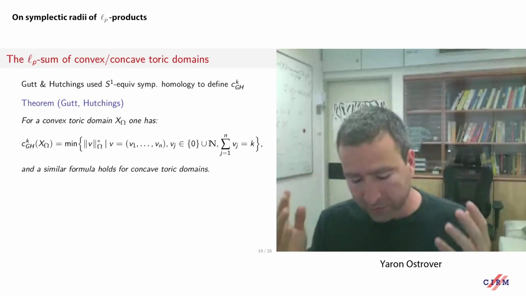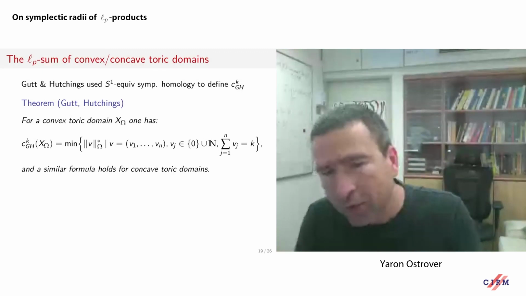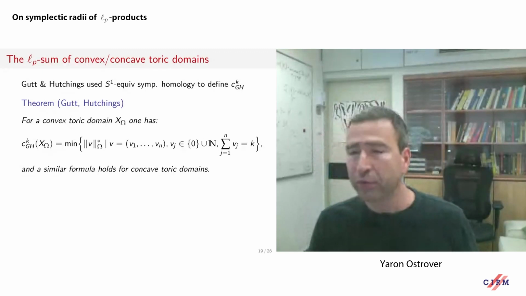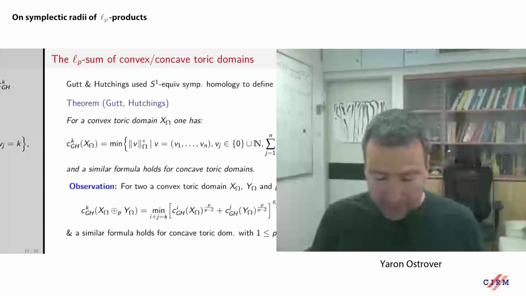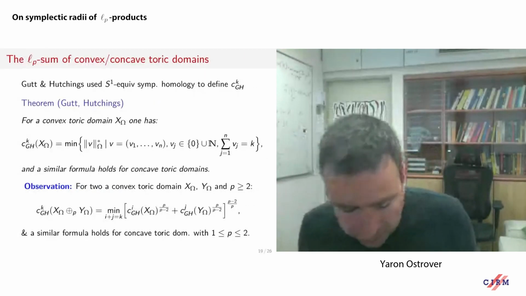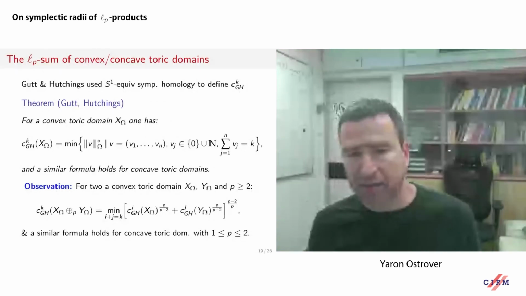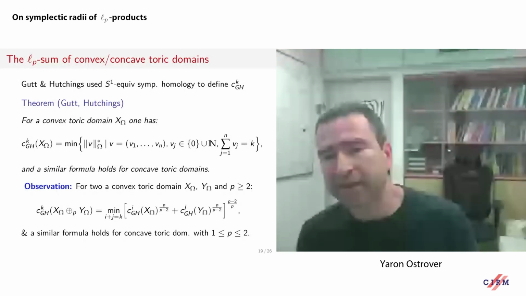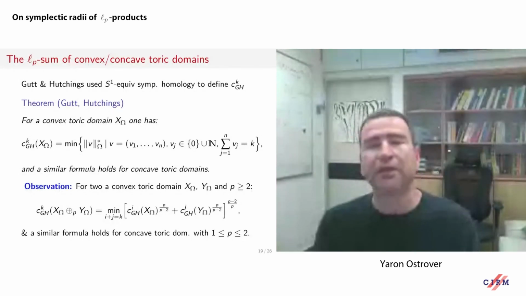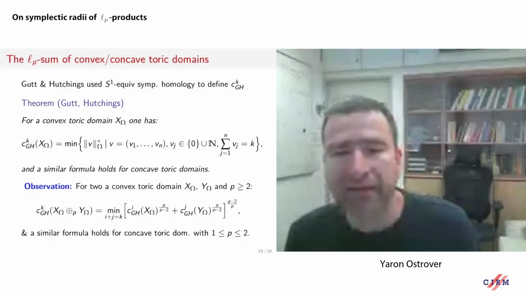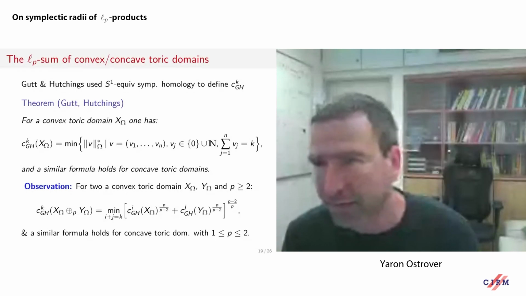The point is that for convex or concave toric domains, there is more or less a precise way to compute these symplectic invariants. And an observation that more or less follows immediately from these formulas. So I wrote down the formula in the case of convex toric domain, but there is a similar formula for the concave case.